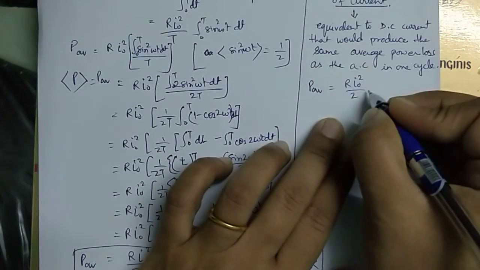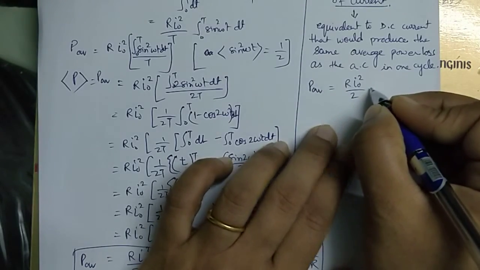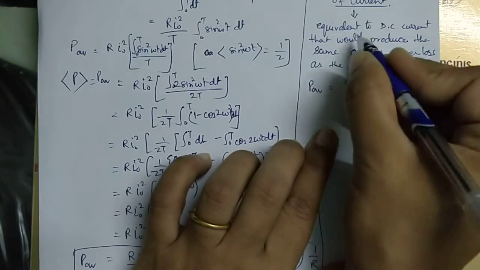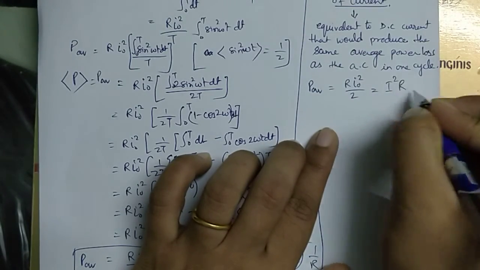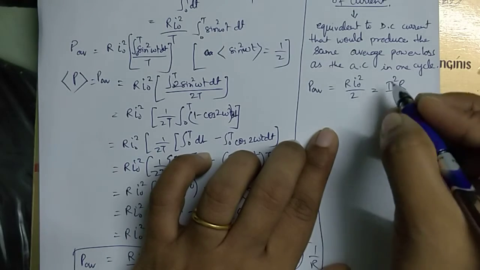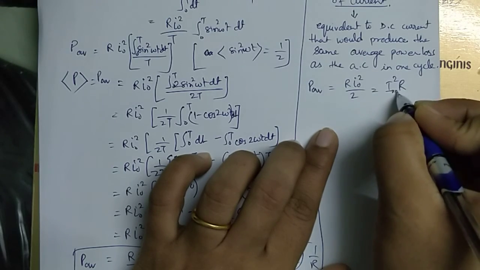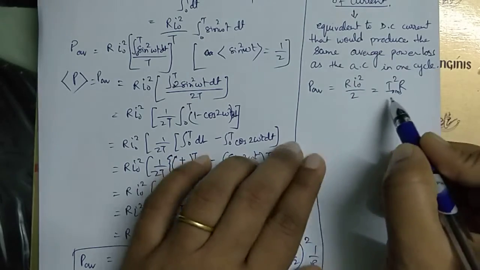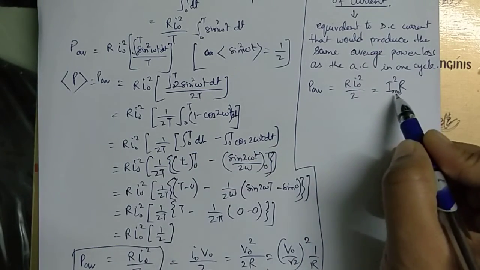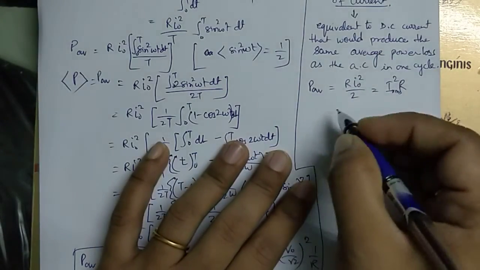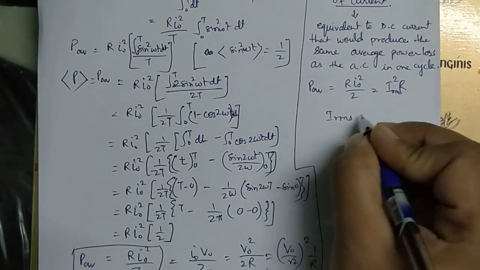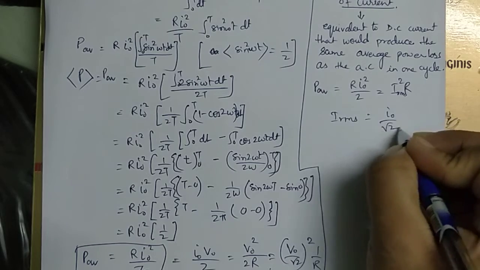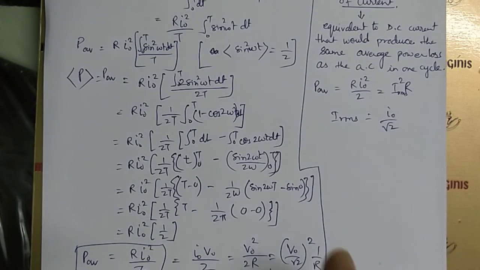So if I equate this to the power of a DC current, I square R, where I is the DC current, this DC current will be your RMS value. According to this definition, this DC current is the RMS value, so I have written RMS as a subscript. Now when we equate, R and R cancel, and from here IRMS we get is I naught by root 2. That is why IRMS is I naught by root 2.